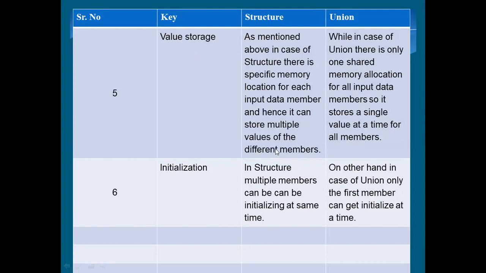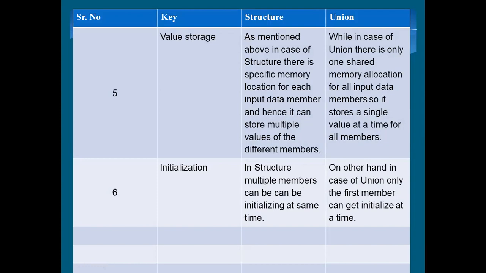And initialization: in a structure we can initialize multiple members at the same time, but in the union we can initialize only the first member. This is also an important question, the difference between structure and union.